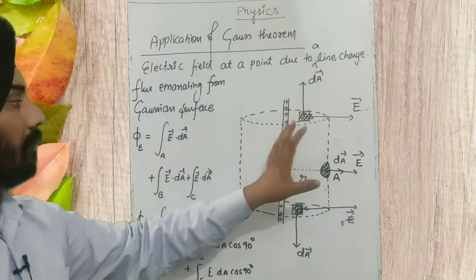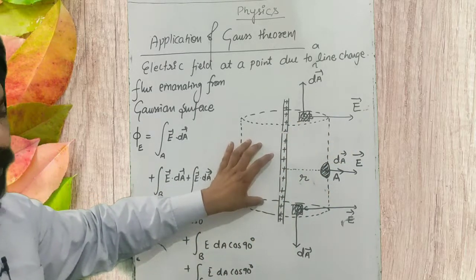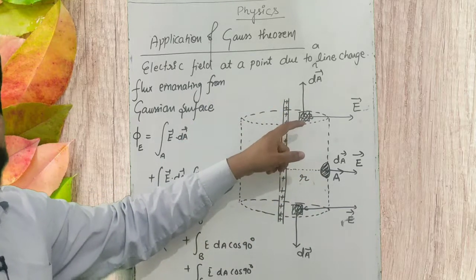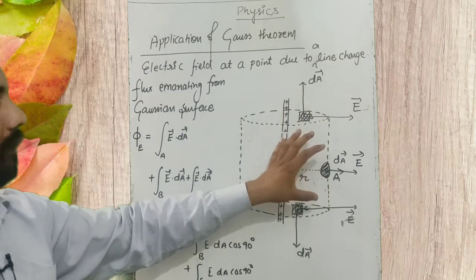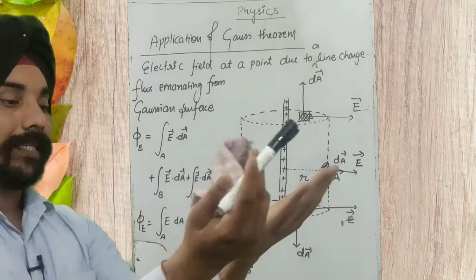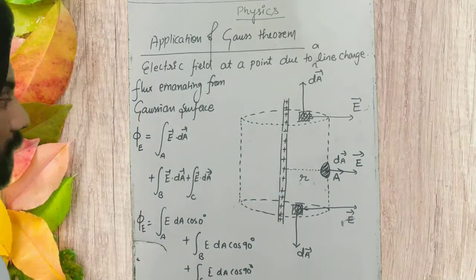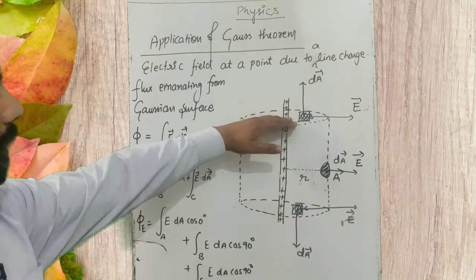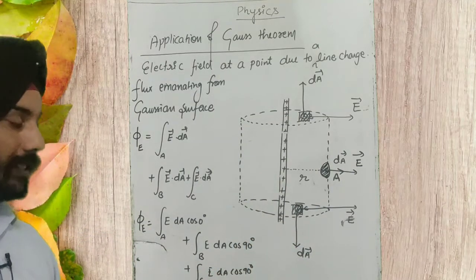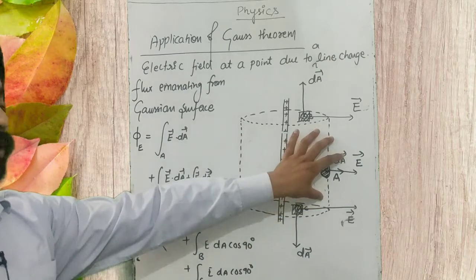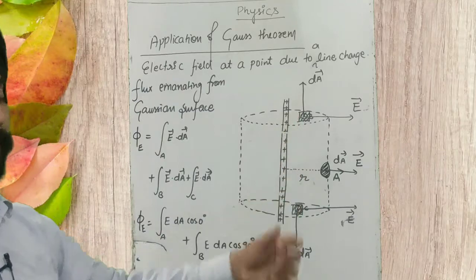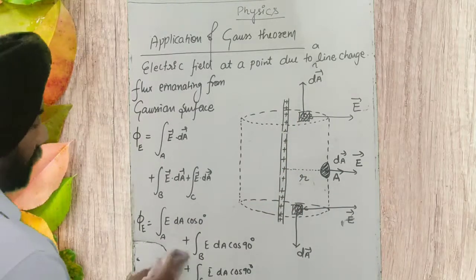Only the flux is coming out from the curved surface area, the lateral surface of the cylinder, not from the upper and not from the lower. So this 90 means that flux emanates only from this surface. Okay, let's see this once again.